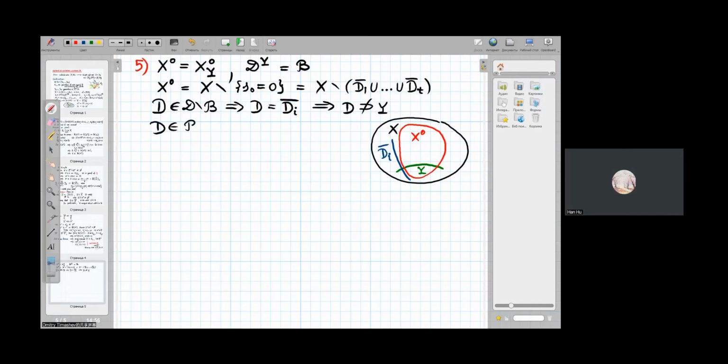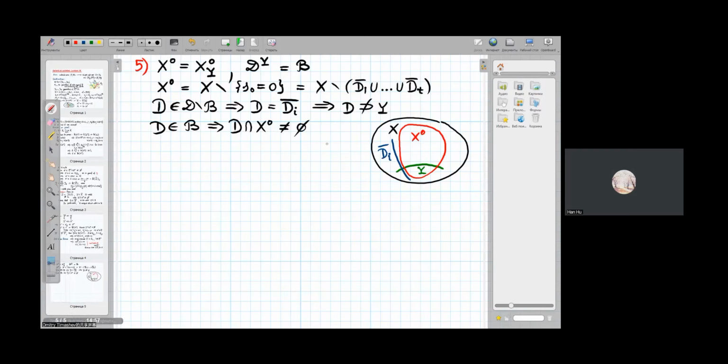On the other side, if D belongs to the set B, then it intersects the open subset X naught.